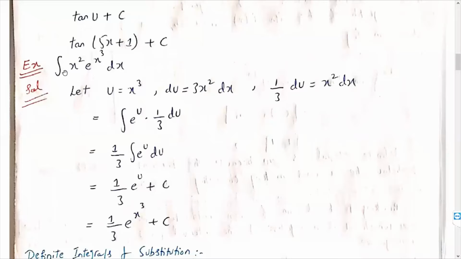Moving towards the next example, integral x square e raised to the power x cube dx. Now select the function. Let u equal x cube, because when I take the derivative on both sides, the left side becomes du and the derivative of x cube will be 3x squared dx.